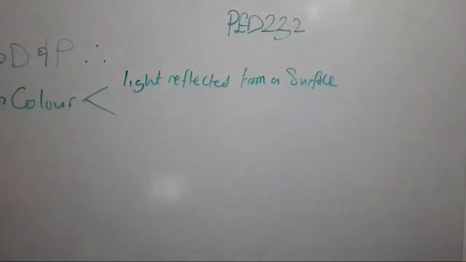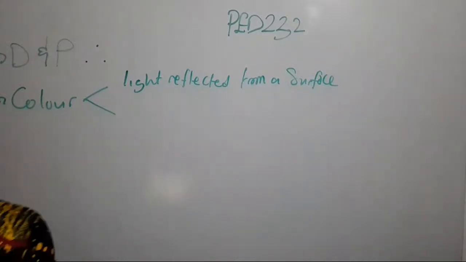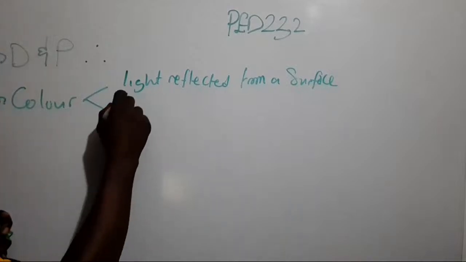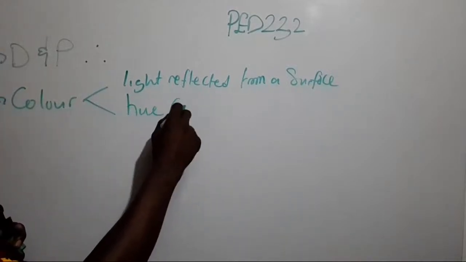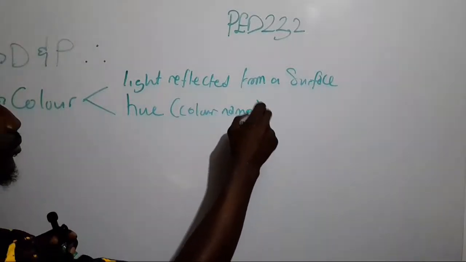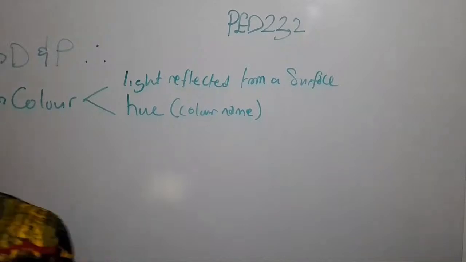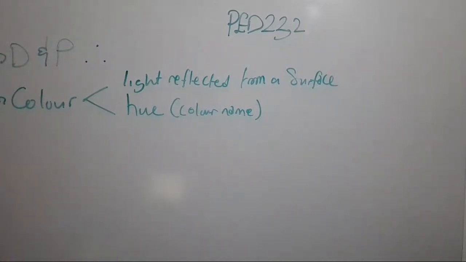It describes a combination of color name, which we refer to as hue, saturation, and value.